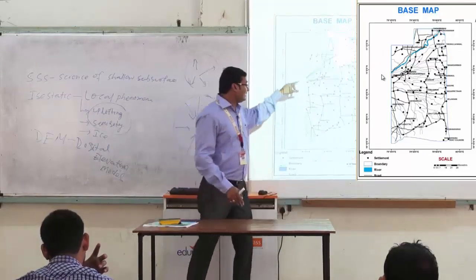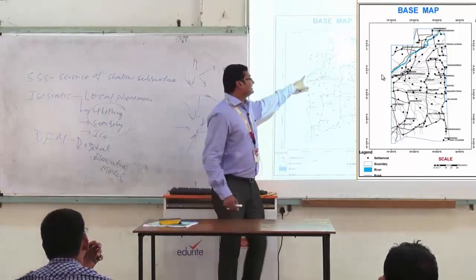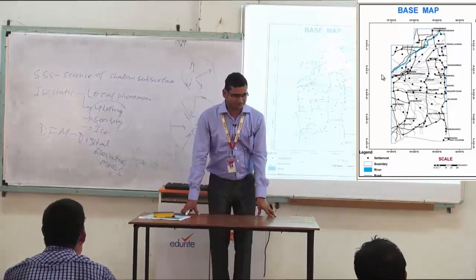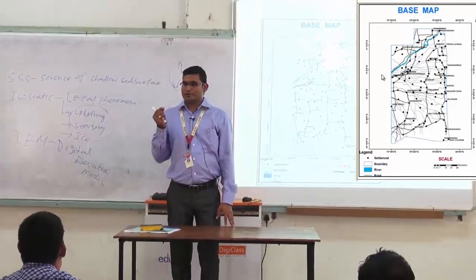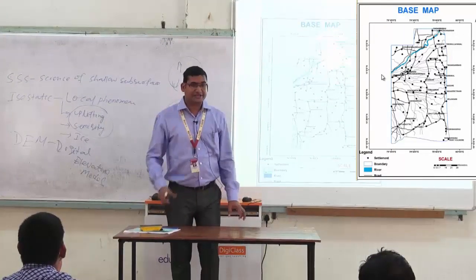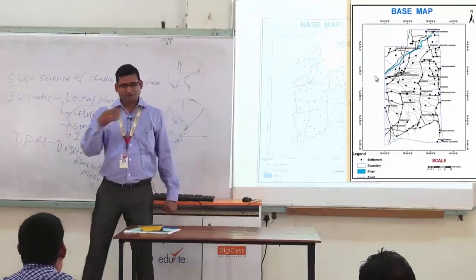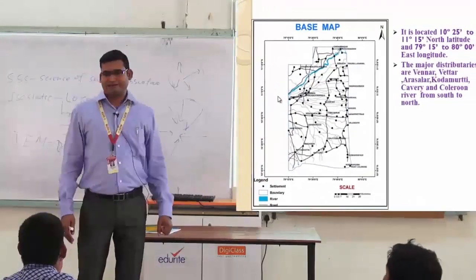Okay. See, in that particular base map, you have seen that there is a typical shape for that river. So if you are getting any drastic change of such shape, then what does it indicate there? Particularly, such an area comes under tectonic activity areas.